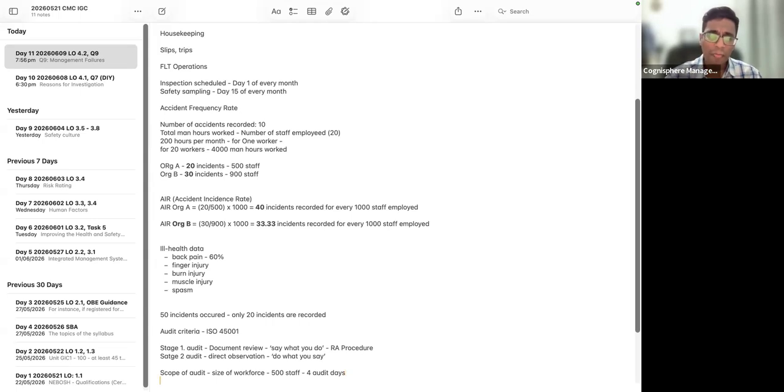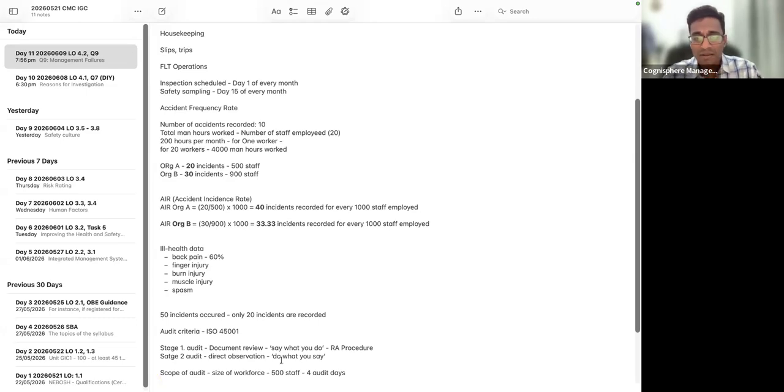As an auditor, they will have to notify the client or the auditee that they have to give an audit plan and schedule: for each of the 4 days, what process or what ISO clause they would be auditing on which day. They would also need access to the people so they can verify, interview them, ask them questions, and seek evidence.